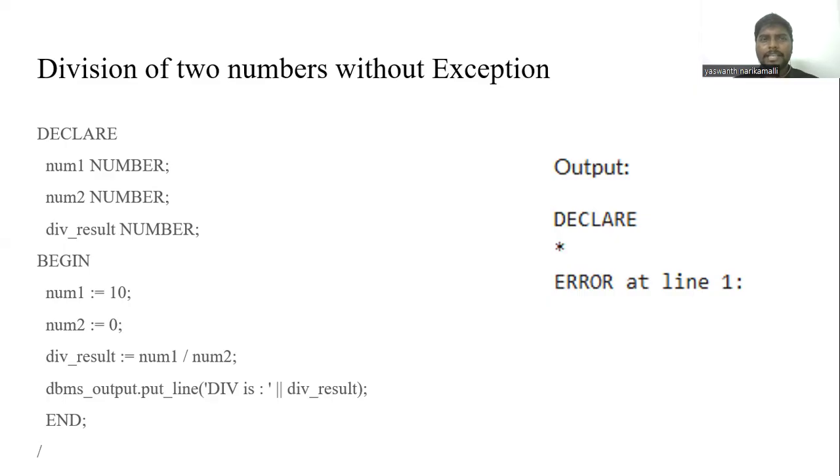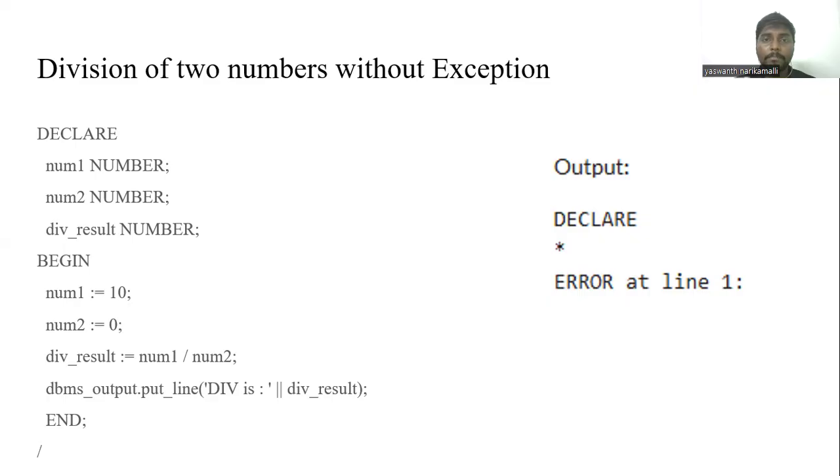Usually in C programming language, the print statement is printf. In Java, it is system.out.println. Whereas in PLSQL, the print statement is DBMS underscore output dot put underscore line.